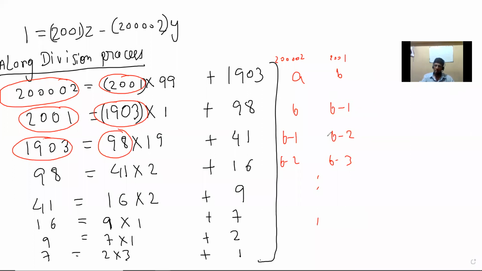The long division process, if you continuously find remainders, will never decrease like this. So try to find an explanation as to why it cannot decrease like this. Because in the first step, you could have a, b, and the remainder is b minus 1.